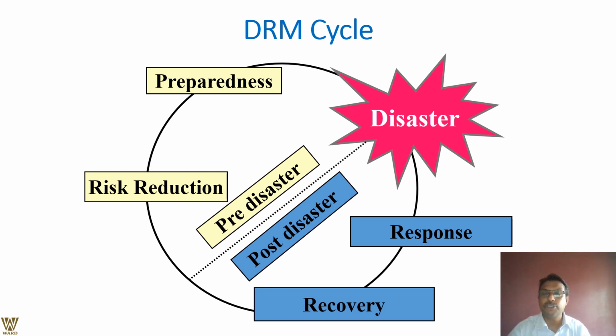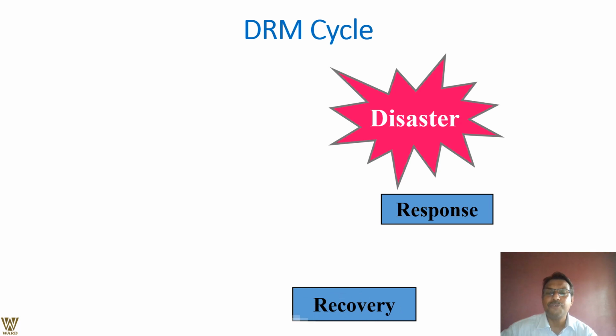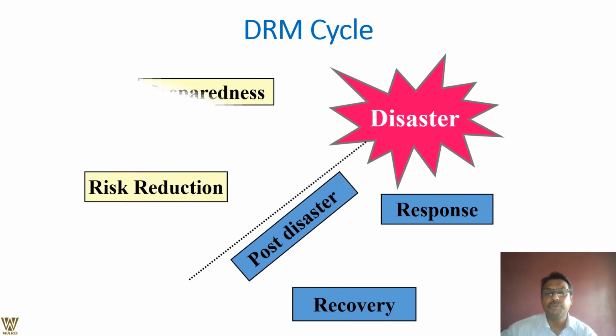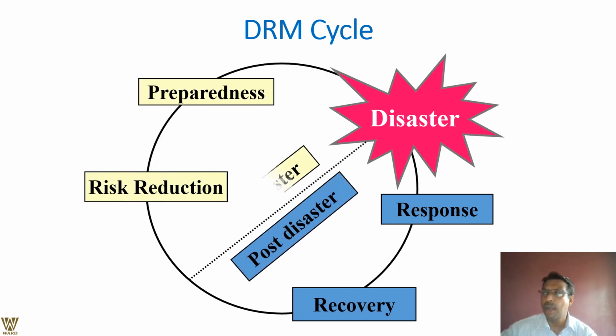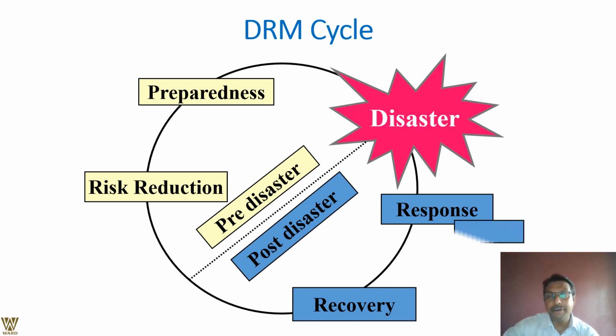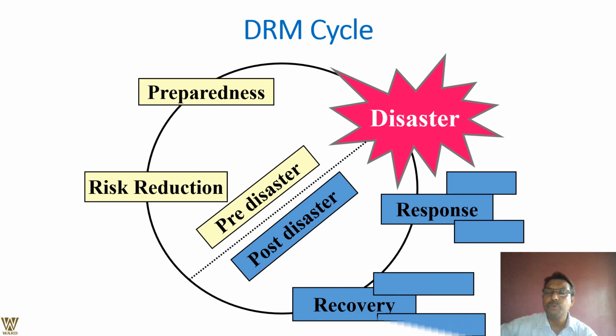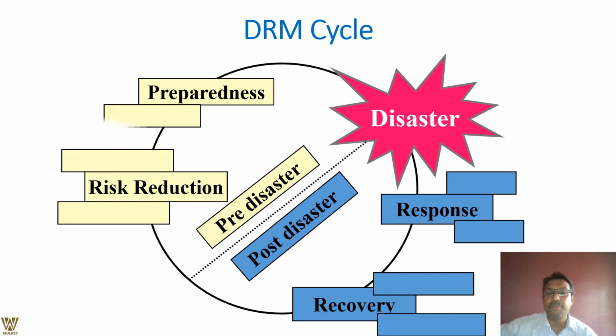And that is what disaster risk management is all about. Allow me to break these four stages down further, wherever risk can be averted. What are those eight stages that come around it? And this is what will be shown to you.